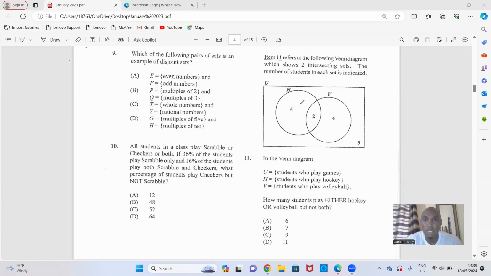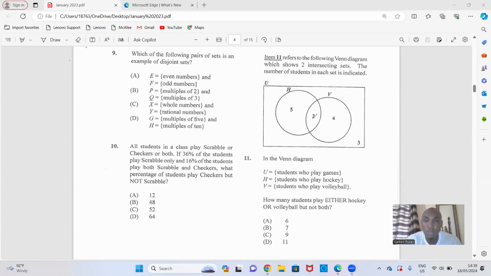Let me explain what this is saying. H is representing students who play hockey, and V is representing those who play volleyball. This 5 is those who play hockey only. This 4 is those who play volleyball only.